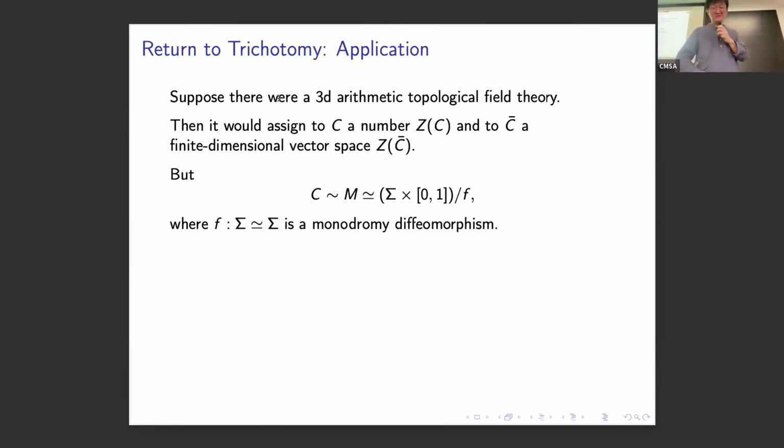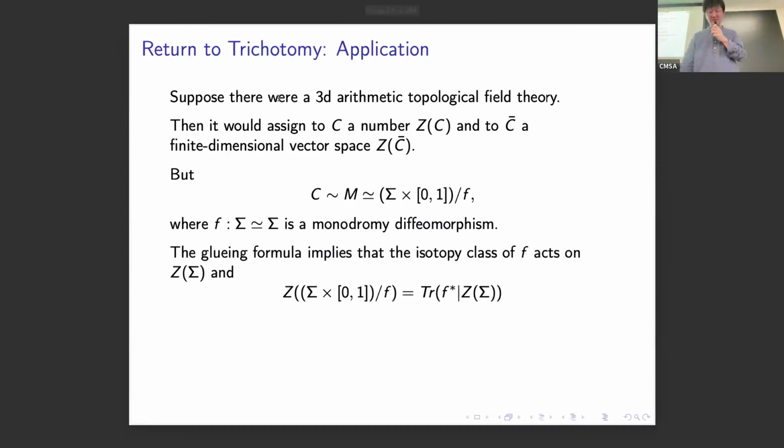The gluing formula that we discussed a moment ago says that the isotopy classes of F should act on the vector space associated to sigma, and the number you get for the mapping cylinder should be just a trace acting on that vector space.